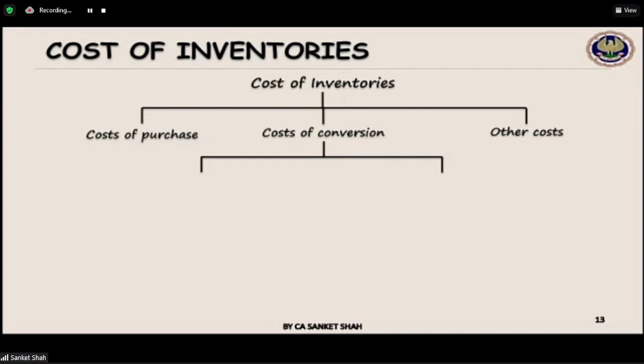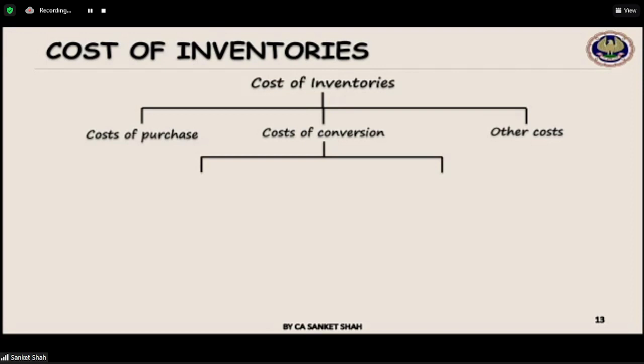Very good. Cost of conversion means cost of converting raw material into finished goods. Yes, very good, Pooja answered it. Beta, which cost? Duty drawback, beta, your GST faculty will tell you exactly about duty drawback. There is one account that we have to maintain. Rajiv Kumar Das ji told it correctly.